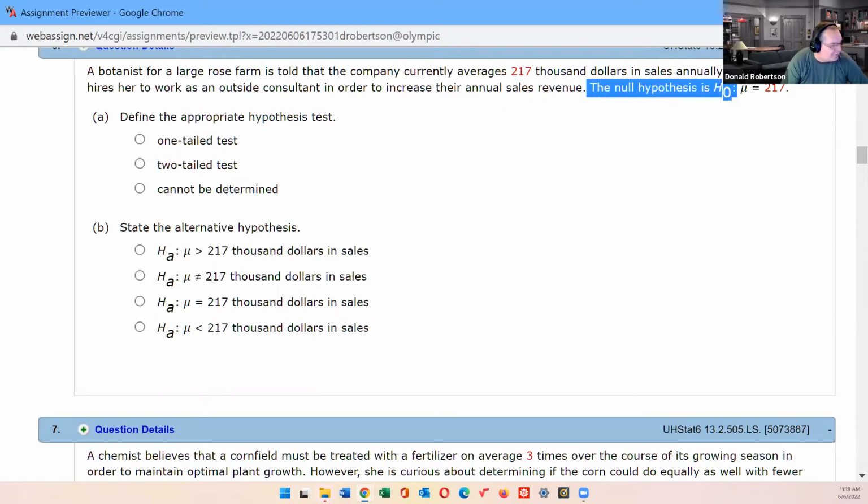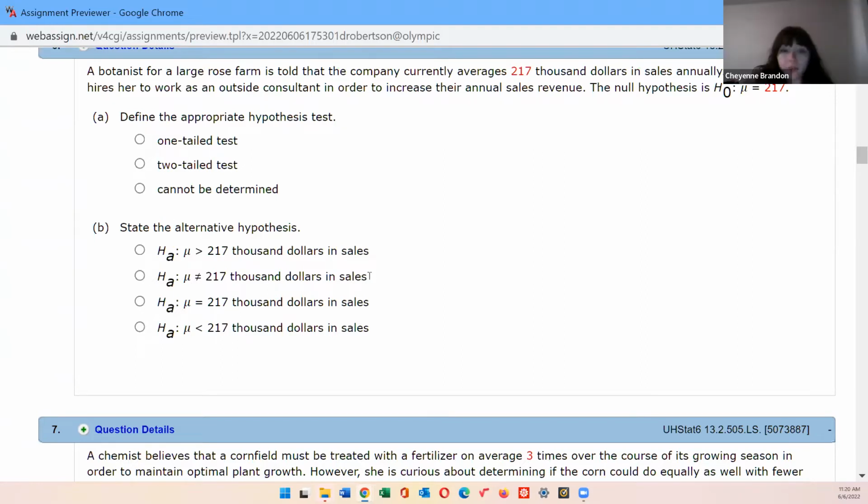The null hypothesis is that it's going to just be the same, right? It's still 217,000. Since she wants to improve it, won't the alternate be one of these? Let's do the alternate first. Which of these four is the alternate for she improves the sales? Greater than, or increase? That's it.